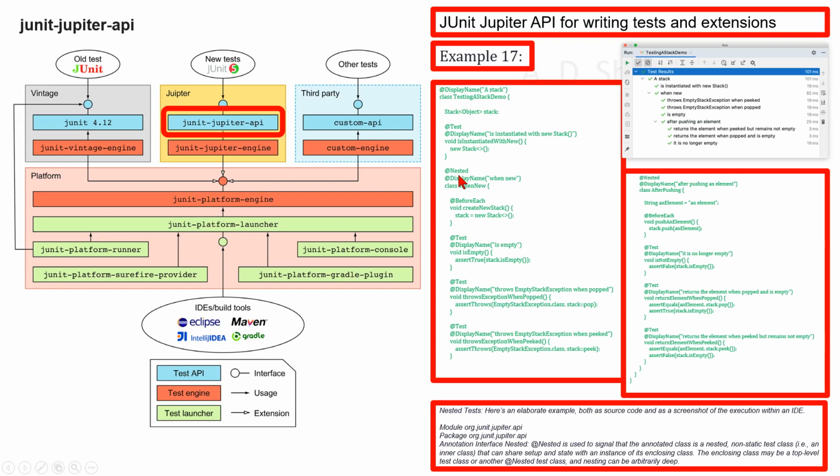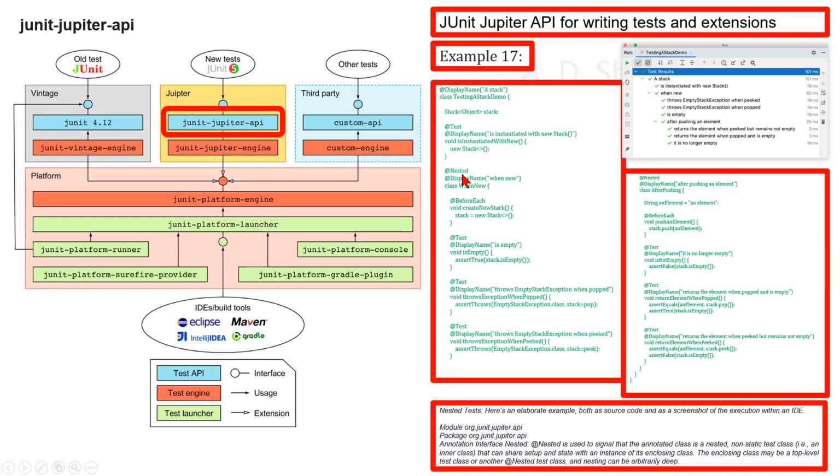The enclosing class may be a top-level test class or another @Nested test class, and nesting can be arbitrarily deep. @Nested tests give the test writer more capabilities to express the relationship among several groups of tests.